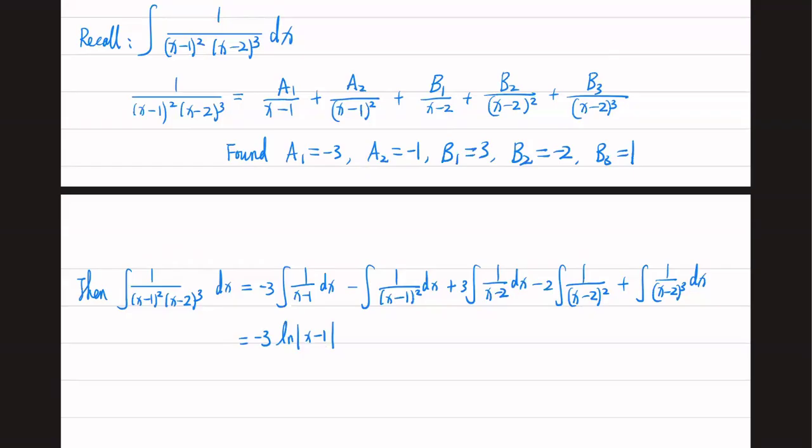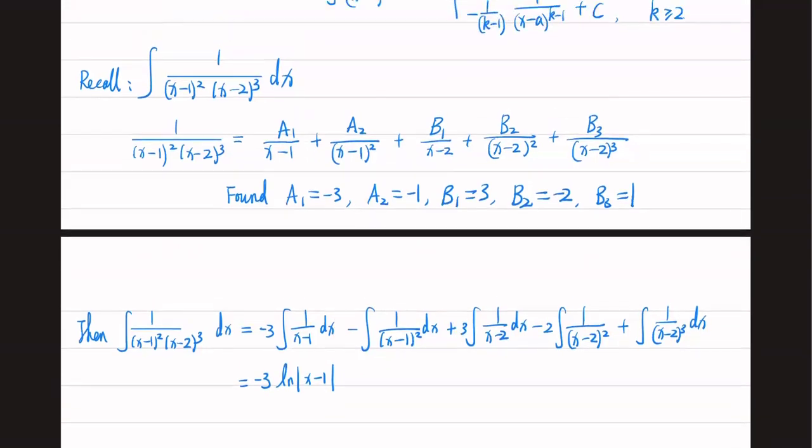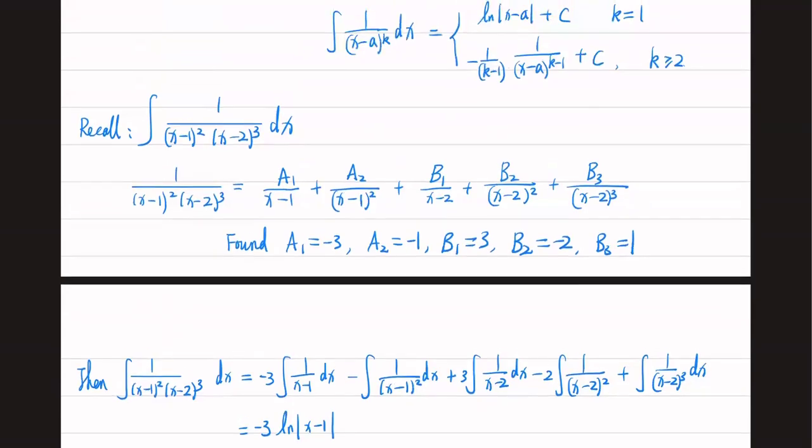Second one is difficult. Zichen, how do you integrate this one? I don't remember. Okay, so we go over the formula. So that's our formula. In this case, a equals 1, k equals 2, so we have a factor over here. What's this factor when k equals 2?